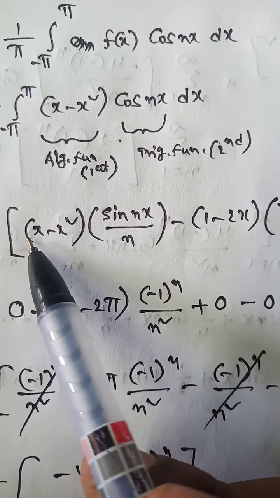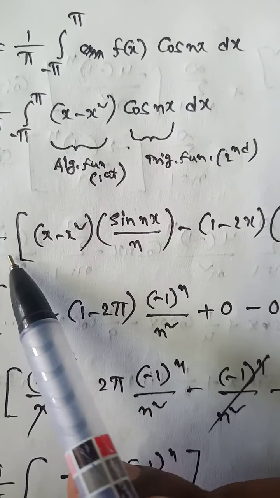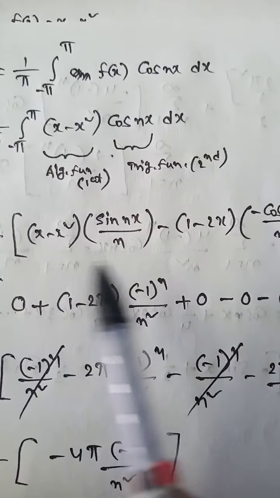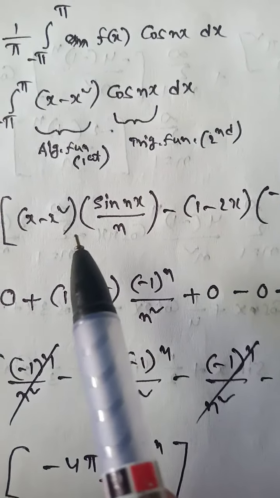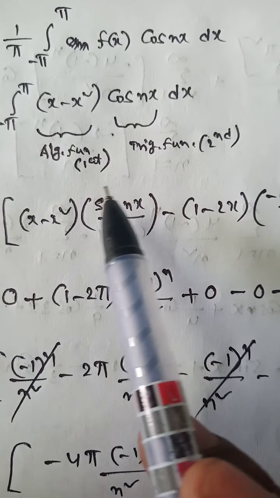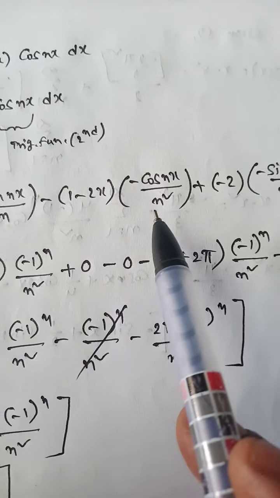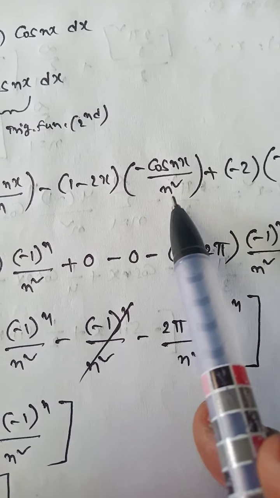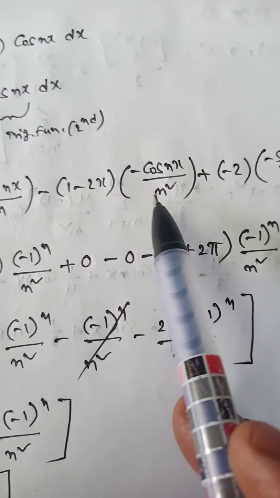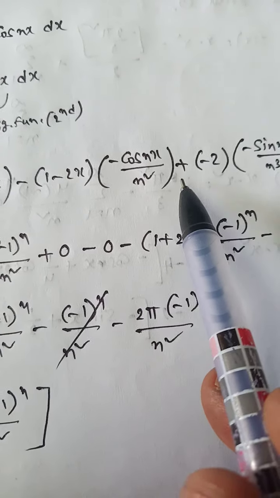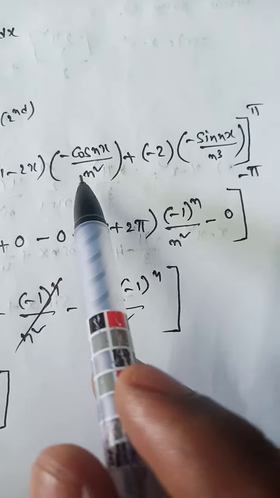After this, the total term's sign will be plus, after plus we will have minus. This is the procedure. Now first term differentiation, second term integration. After the minus sign will be plus, first term differentiation, second term integration.